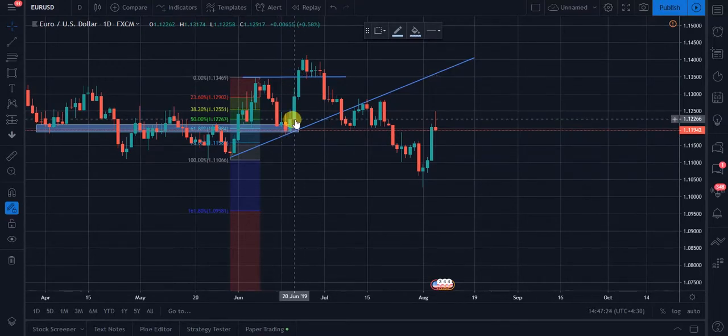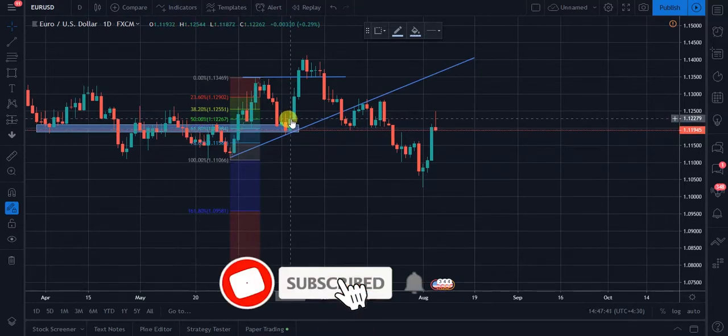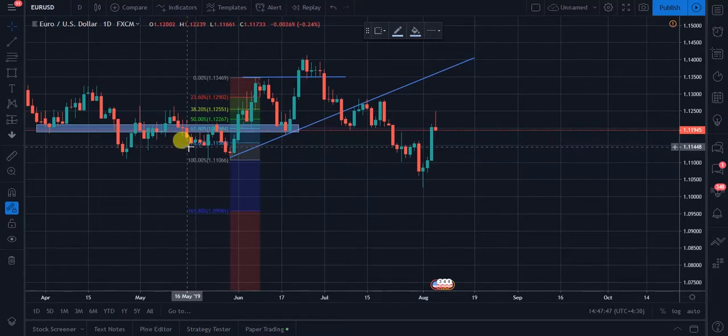For example, here we had something like a bullish candlestick, a bullish engulfing. So we can hope the price will change from this 61.8% Fibonacci level. Maybe we open a position here and make our stop loss on the next level.